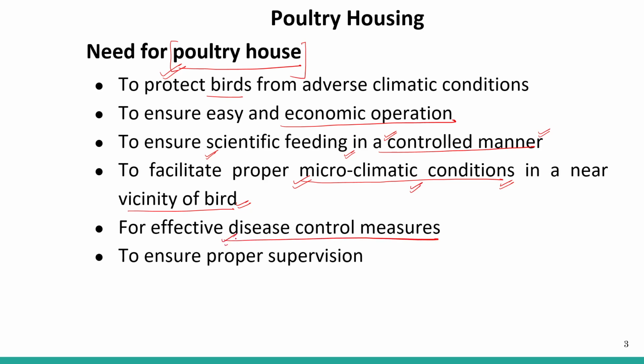So in this particular poultry house we should have disease control measures also, so that the birds do not get any type of disease, and to ensure proper supervision. A large number of birds can have proper supervision also in the poultry house. So there is a need for poultry house.